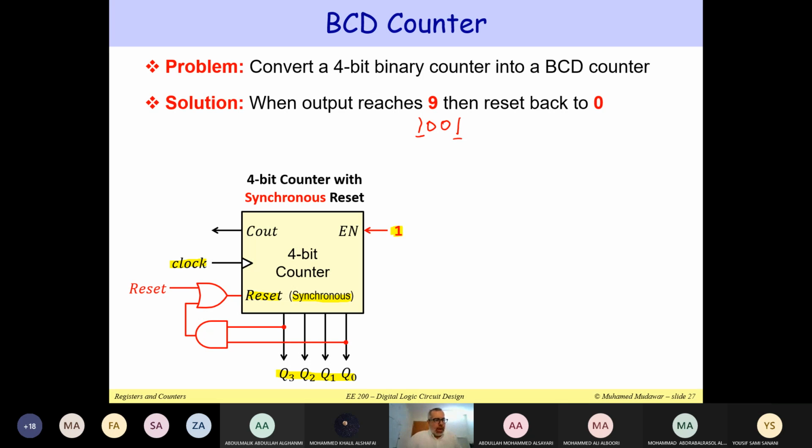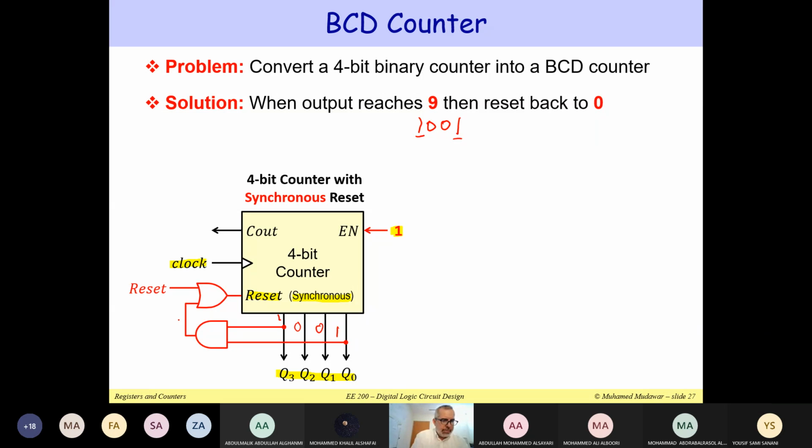Once I get 1 and 1, because I'm counting up, the first time we encounter 1001, because we start at 0000, Q3 and Q0 are both 1 at the same time. When I get 1001, in fact, it's enough to have Q3 and Q0 connected to an AND gate.